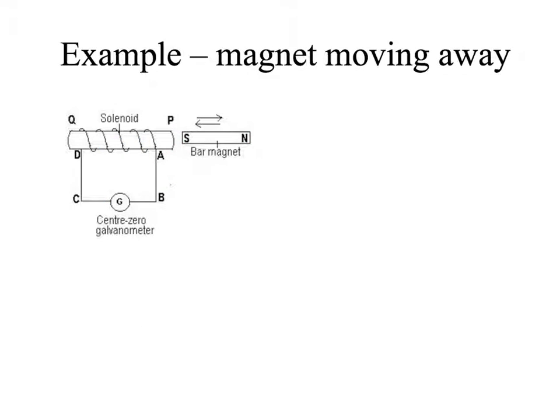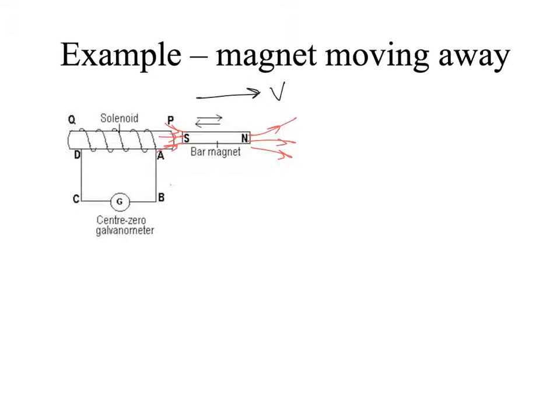I'm going to look at the other situation. If the magnet is moving away, again I'm going to draw the magnetic field lines to remind you what they look like. And they're going to be going into the south pole over here.